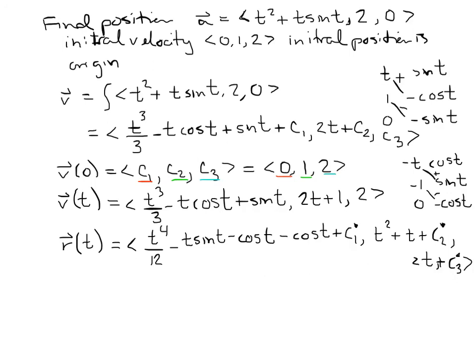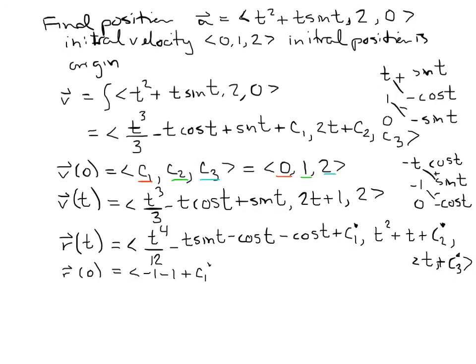Let's plug in 0. Okay, so the position at 0, t to the 4th over 12, that's going to be 0. We've got a t in this term, that's 0. Cosine of 0 is 1, so there's a minus 1. Here's another one. A cosine of 0 is 1, so that's a minus 1 as well.